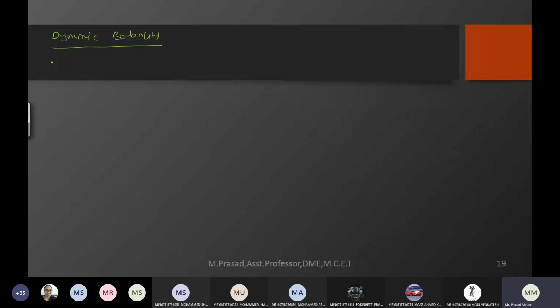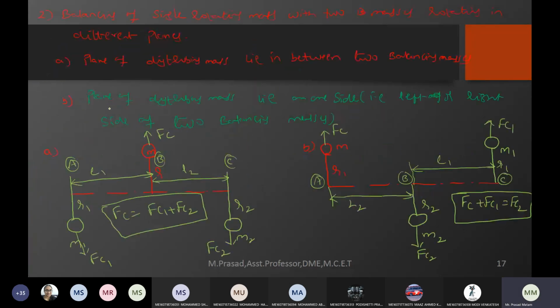Dynamic balancing for case A. Similarly for case B. For case A, you can see the diagram here. Now take the moments about any point. How we can take the moments about point C, dear students. Take the moments about point C. For case A, take the moments about point C and give me the equation.